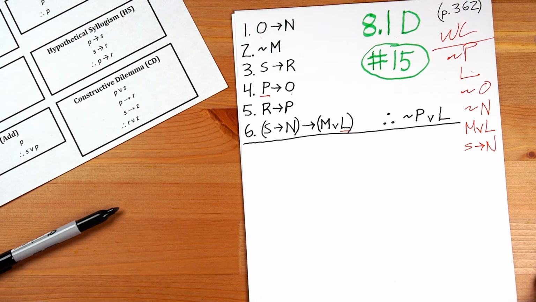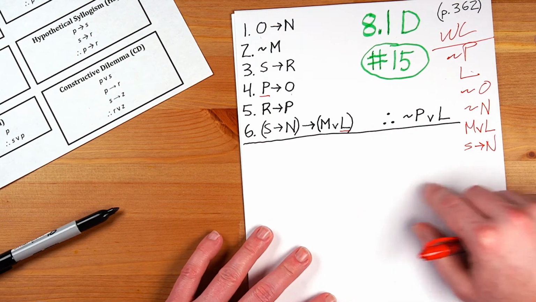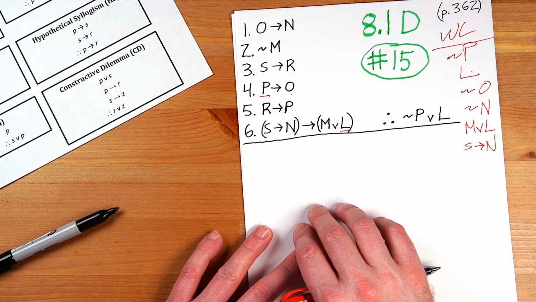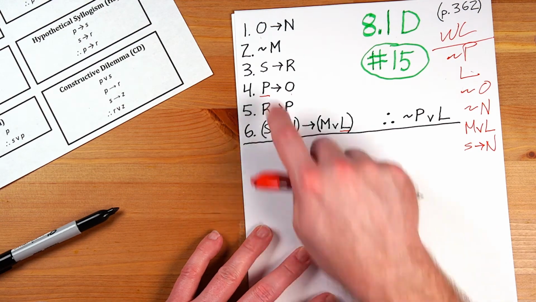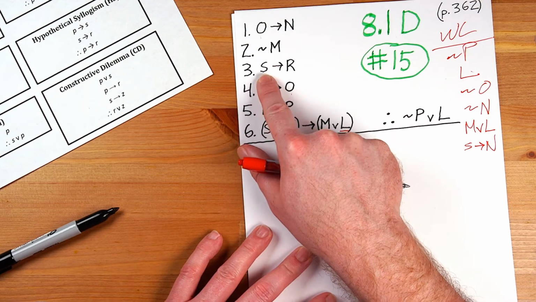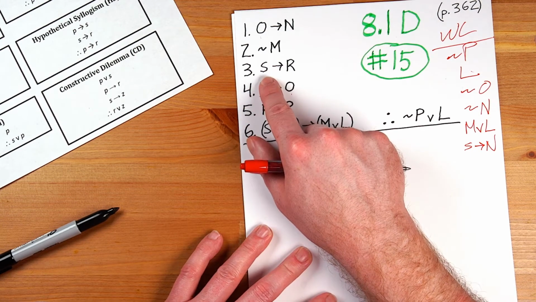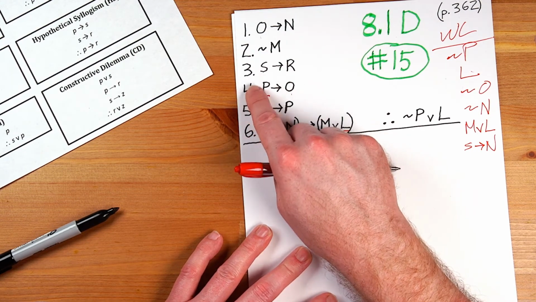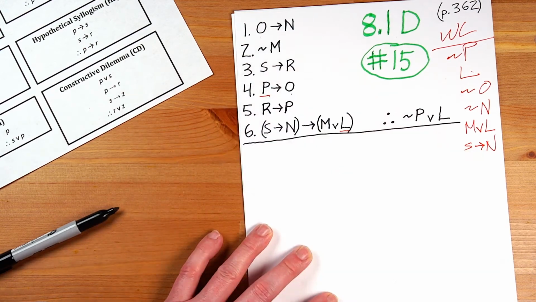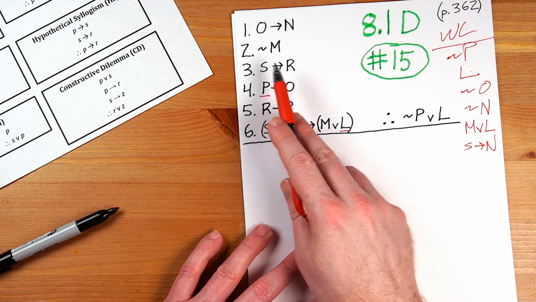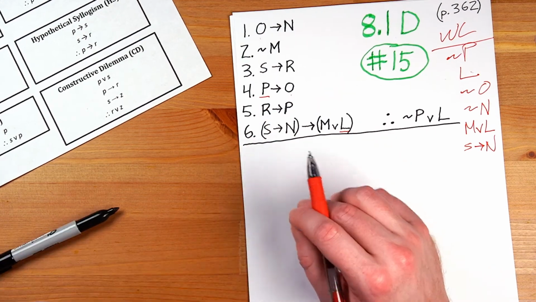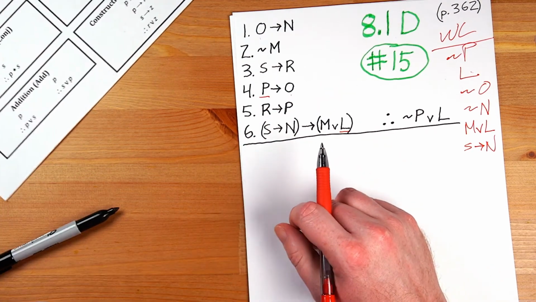We could follow it by modus ponens if we had an S to start the trail, we could do S arrow R plus S modus ponens would give us R, but I don't see S. So there is a second way we can go down the trail, and that's going to be hypothetical syllogism.